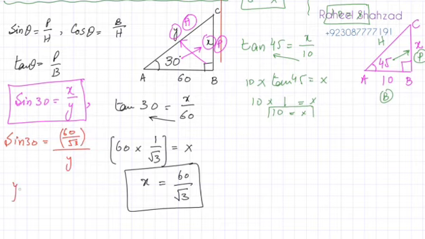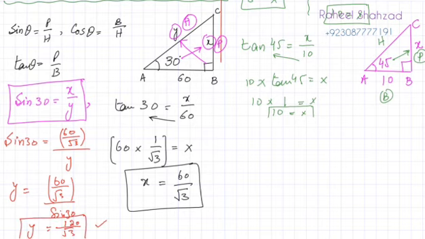We cross multiply, so y is equal to 60 divided by root 3, whole divided by sine of 30. That gives y equal to 120 divided by root 3. So this is your value of y in this question. That's how, if we have two unknowns in one question, we could easily find the value of x or the value of y.